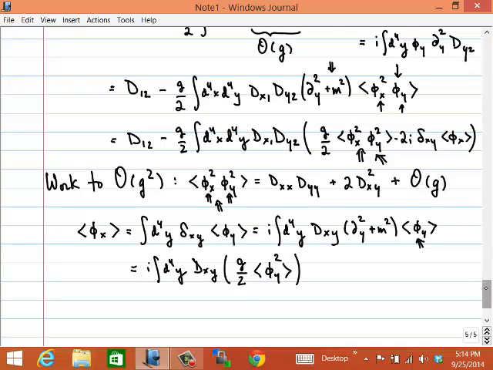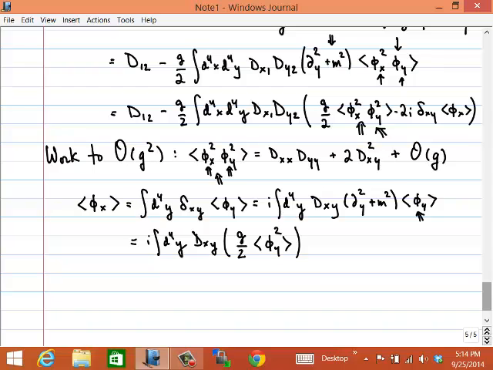And then, if I'm only interested in working to quadratic order in the coupling, let's write this as i g over 2 times the integral d4x, integral d4y of dxy times the expectation value of phi y, which is dyy plus terms that have to vanish when you take g to 0.